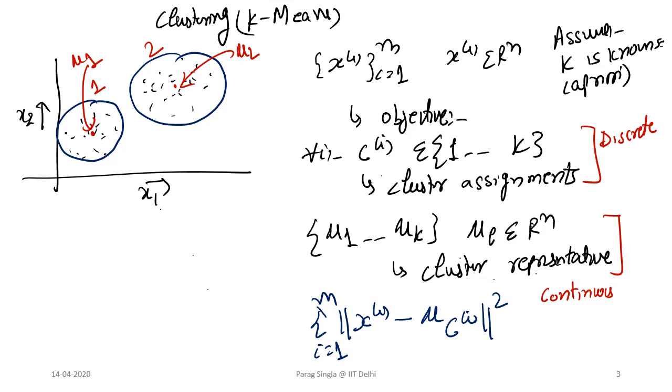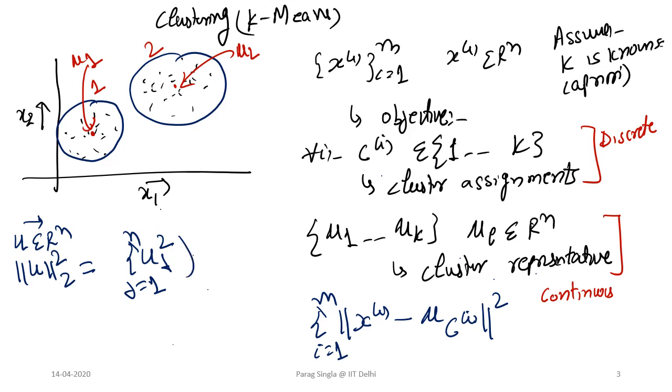Before we go any further to develop this intuition, I would like to mention this norm. Given a vector u in Rn, recall that the square of the norm is simply defined as the sum of uj square over j equal to 1 to n. The norm is the square root of this, and if you square it, then this is the square of the norm.